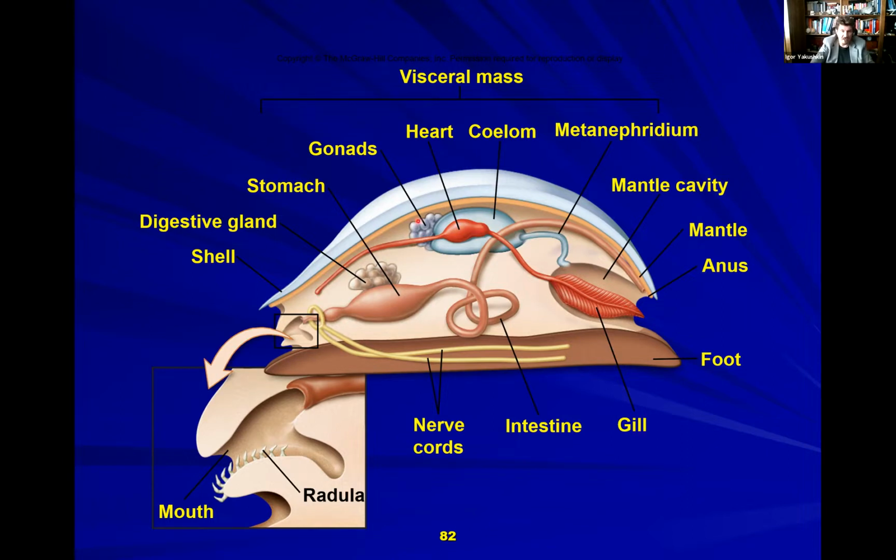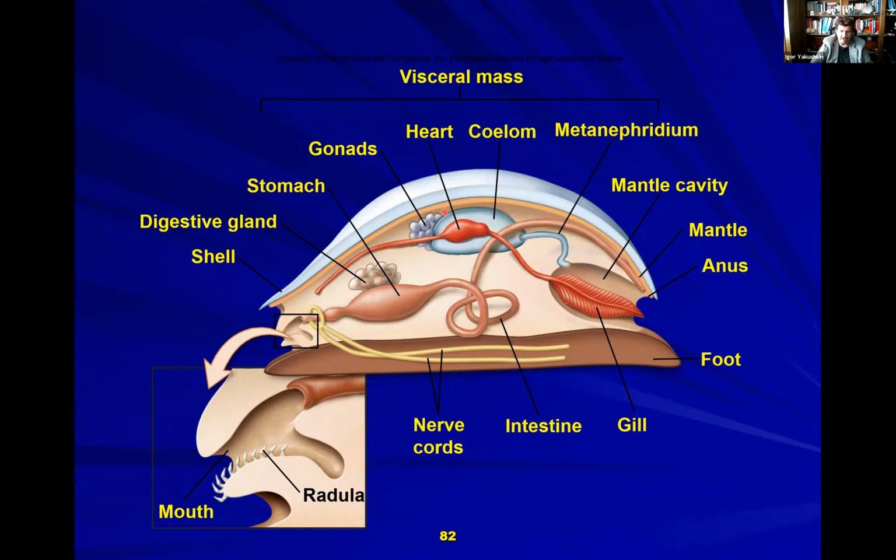So here what we generally have, all of the internal organs, known as the visceral mass, will be surrounded or covered by the mantle. All right, so we will not go too deep into the anatomy.